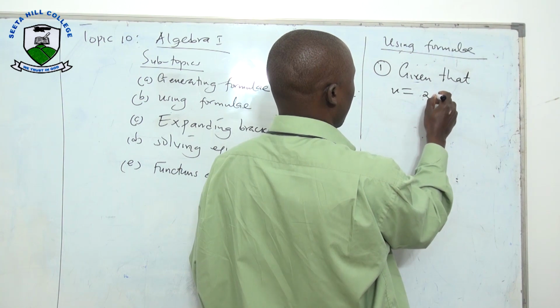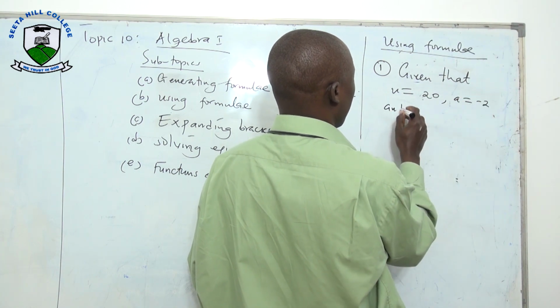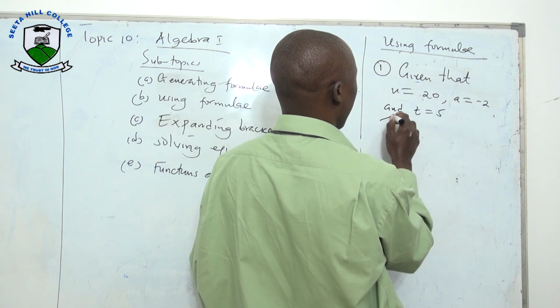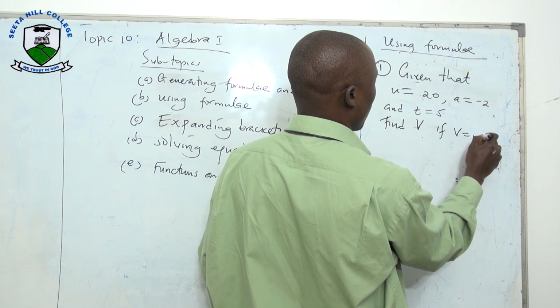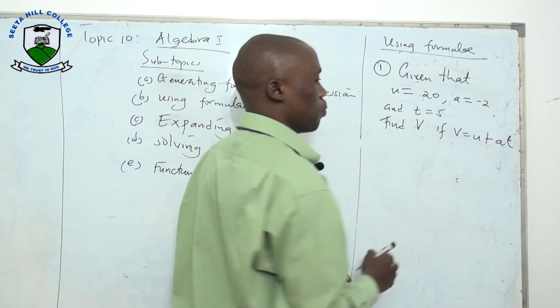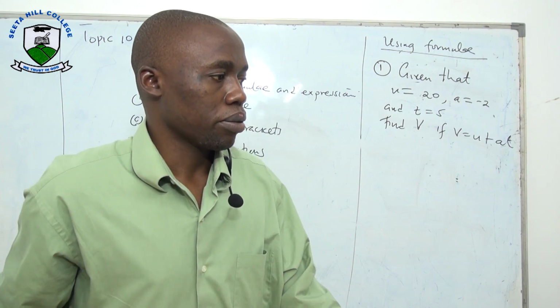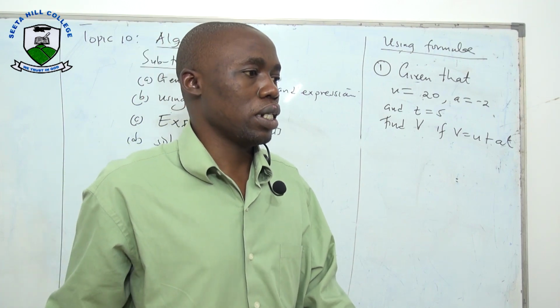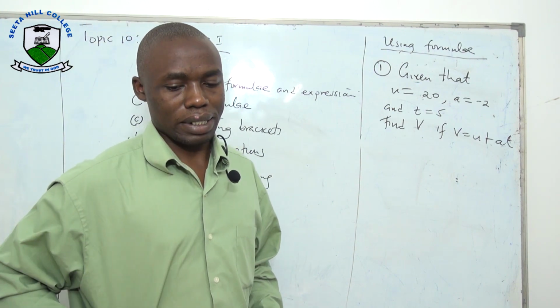Given that U is 20, A is negative 2, and T is equal to 5, find V if V is equal to U plus AT. I think the approach is we know it. Somebody can guide.